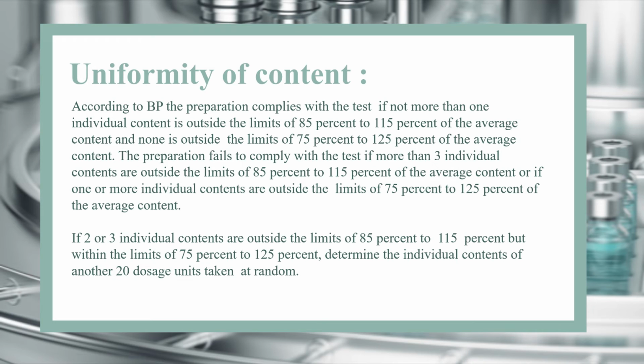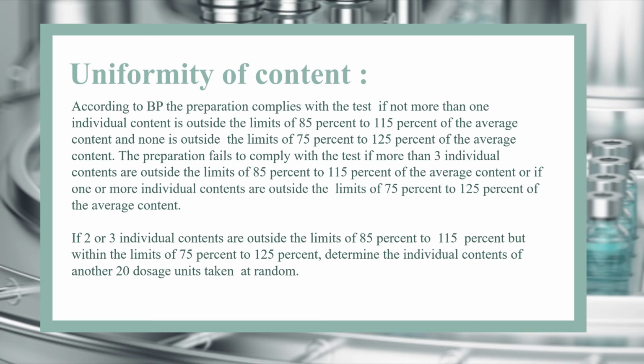The preparation fails to comply with the test if more than 3 individual contents are outside the limit of 85% to 150% of the average content, or if one or more individual contents are outside the limit of 75% to 125% of the average content.